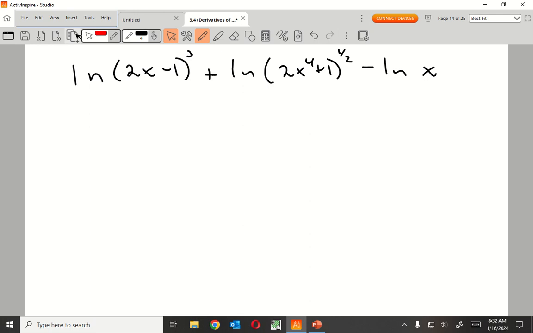So I'm going to u each one individually, okay? This one, actually let's change colors so we know which one we're doing. u equals 2x minus 1 to the third, right?